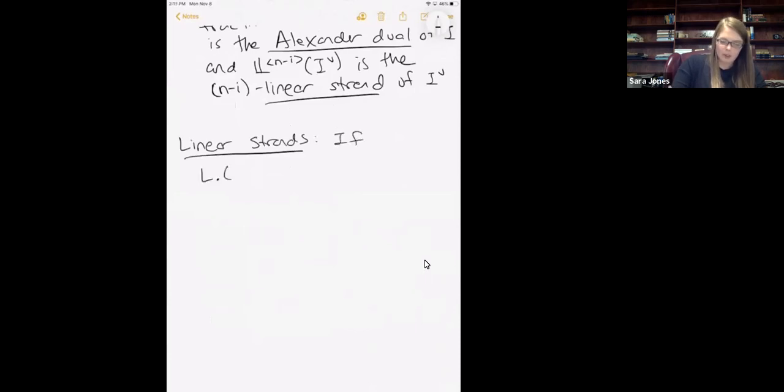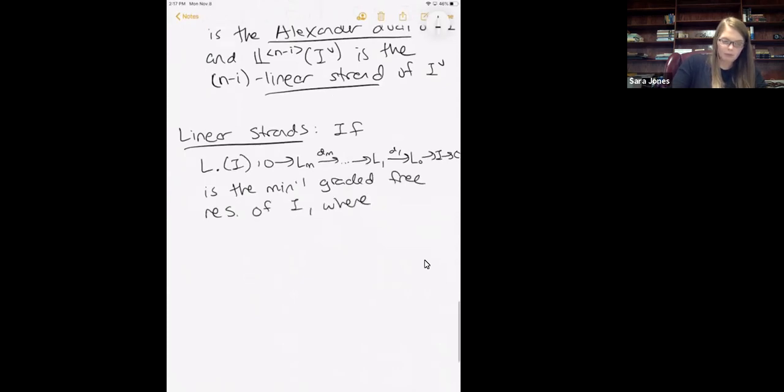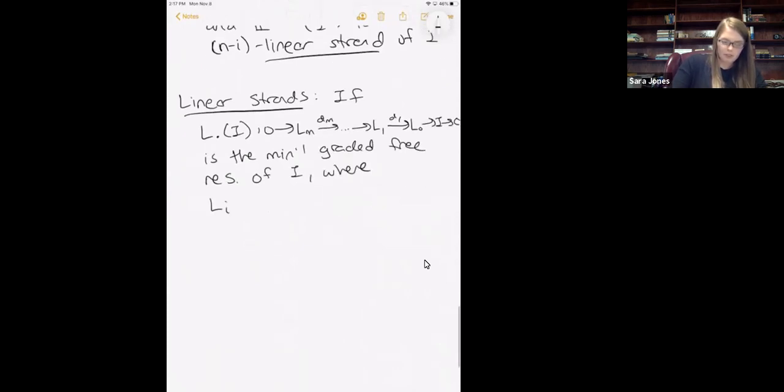So if you have this exact sequence, and it is the minimal graded free resolution of I, where each of these terms is given by this direct sum.